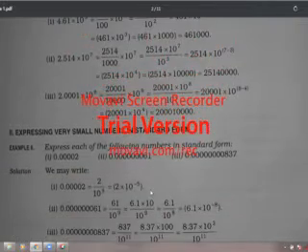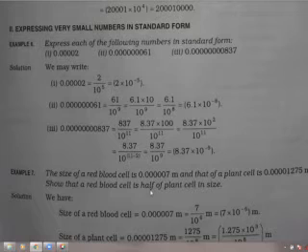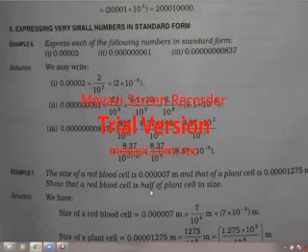So now, expressing a very small number in standard form. Of course, students, you might have been thinking that we can express a large number in standard form. Not only a large number, a small number can also be expressed in standard form.